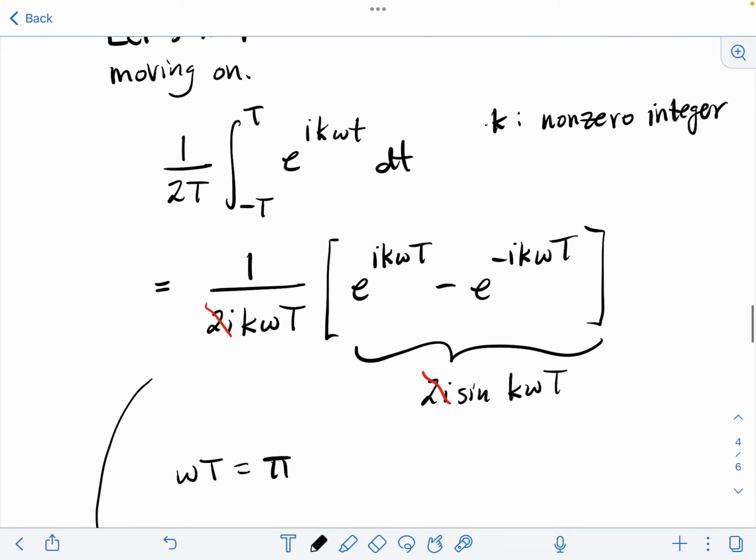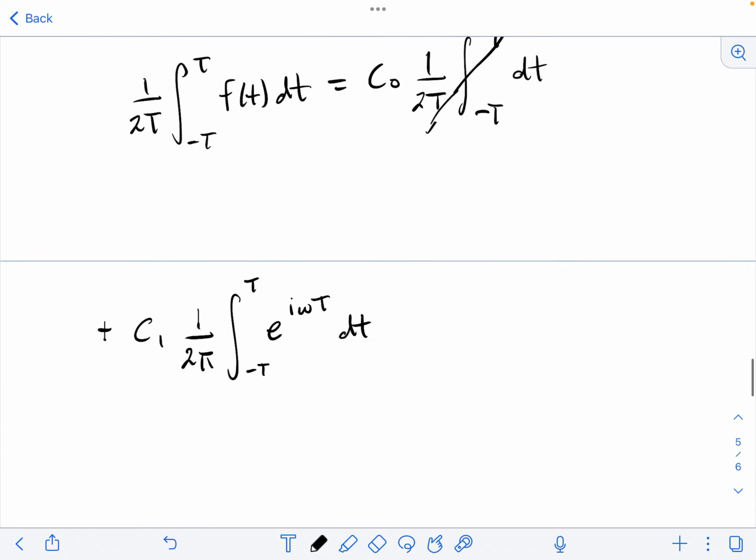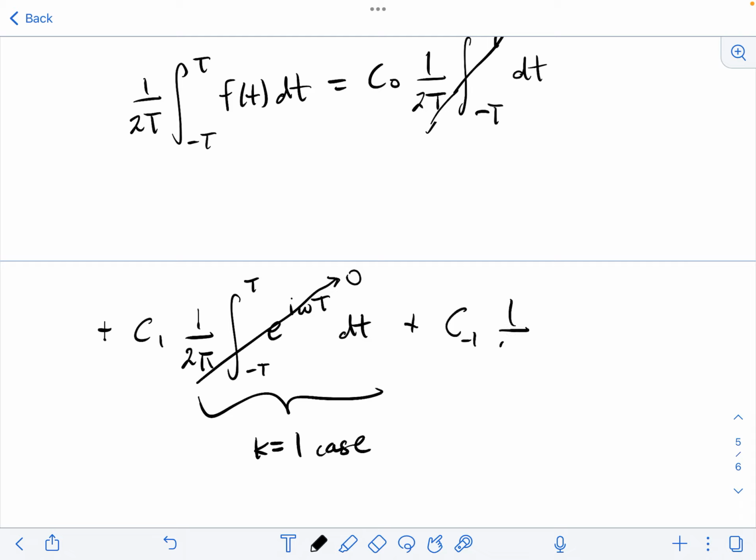This is just the k equals 1 case that we considered above, and so this is going to be 0. And then we have plus c_minus 1 times 1 over 2T, the integral from minus T to T of e^(minus i omega t) dt. And this is just the k equals minus 1 case.